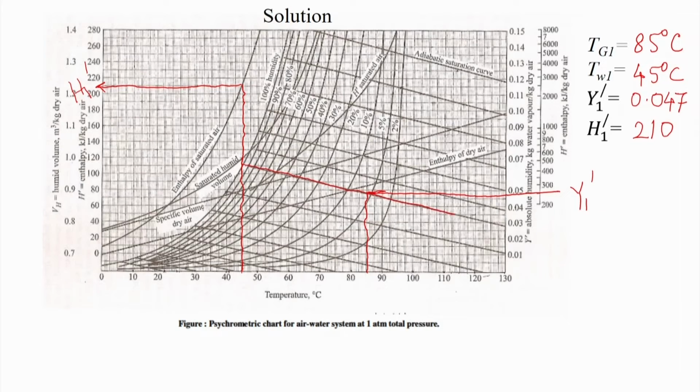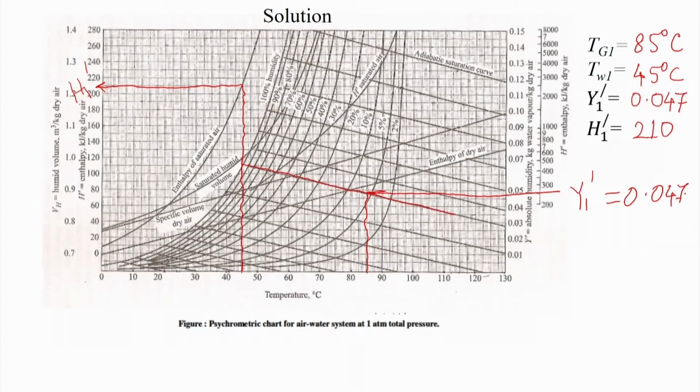So now we have the humidity of the air entering from the bottom of the tower, 0.047, and H1 prime, the enthalpy of this moist air, at 210 kilojoule per kg dry air.